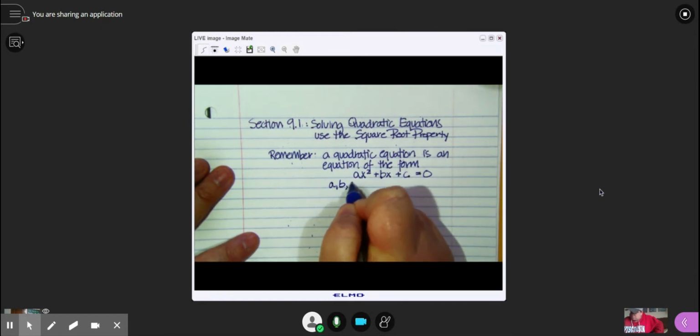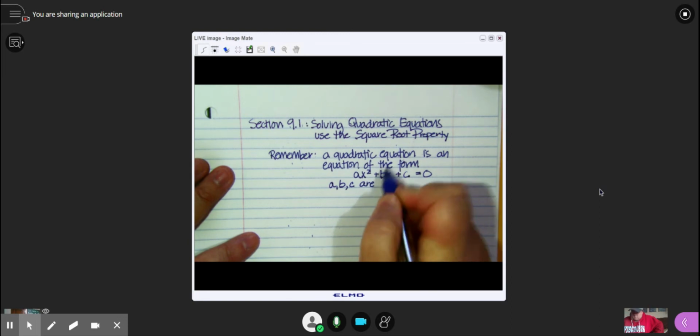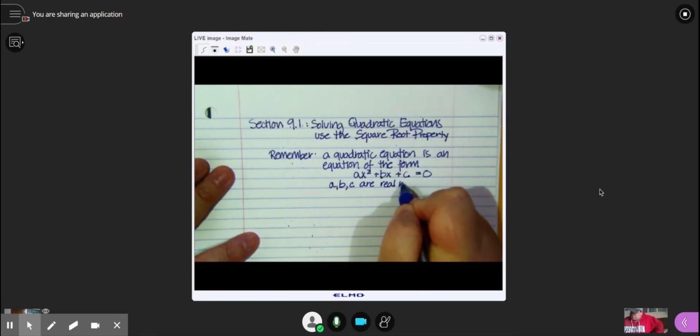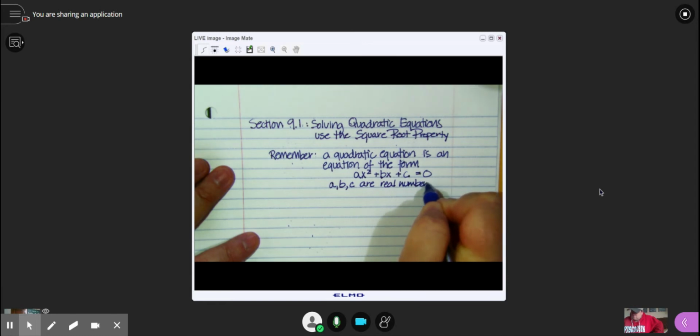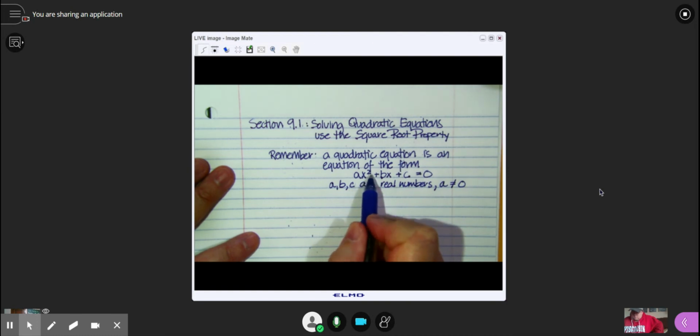A, B, and C are real numbers, meaning they can be any number, but A cannot be 0 because I have to start with an x squared.